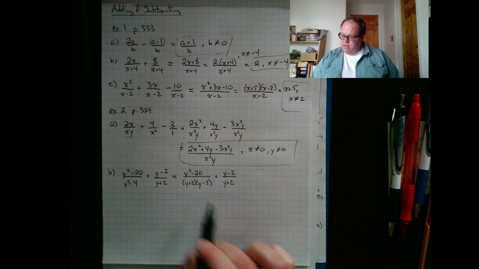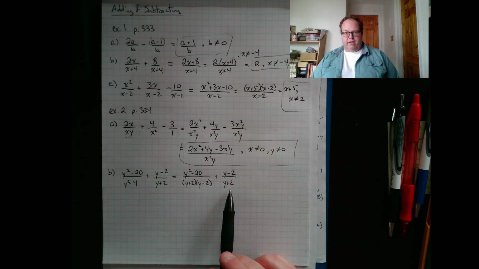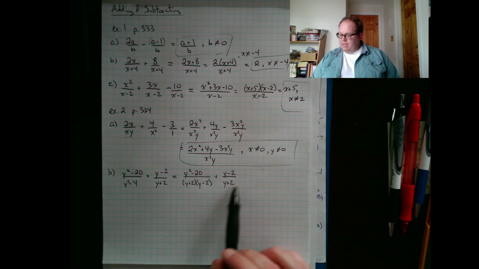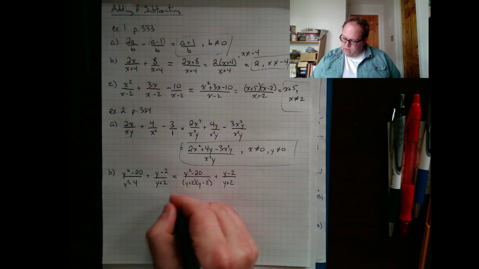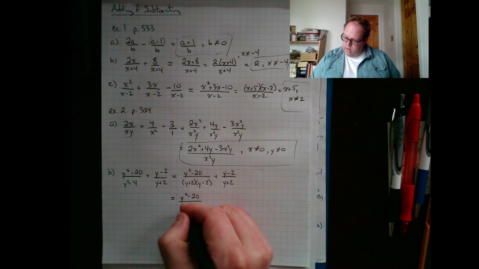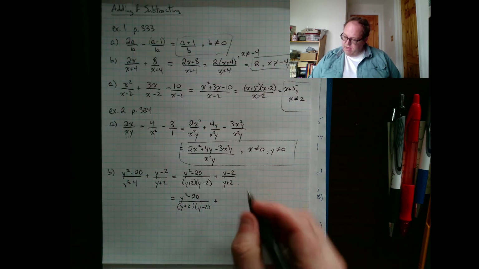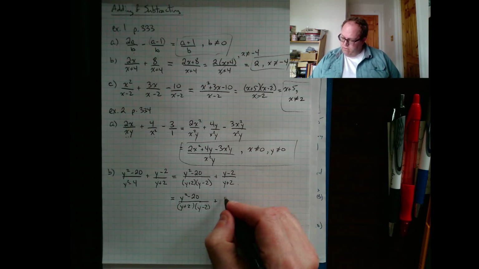But this tells me when it's factored, I already have a y plus 2 in the denominator in both fractions. So all I really need is to get a y minus 2 in here. So I don't need to change my first expression. My second expression I could multiply by y minus 2 over y minus 2.